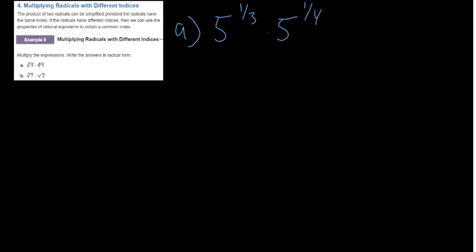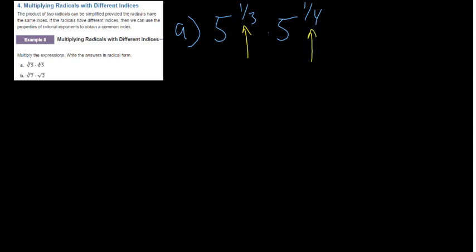Okay, so now we're going to recall what we did before when we multiplied exponents, we must have like bases, right? Well, we have like bases, so let's change my exponents here. We're going to get a common denominator.